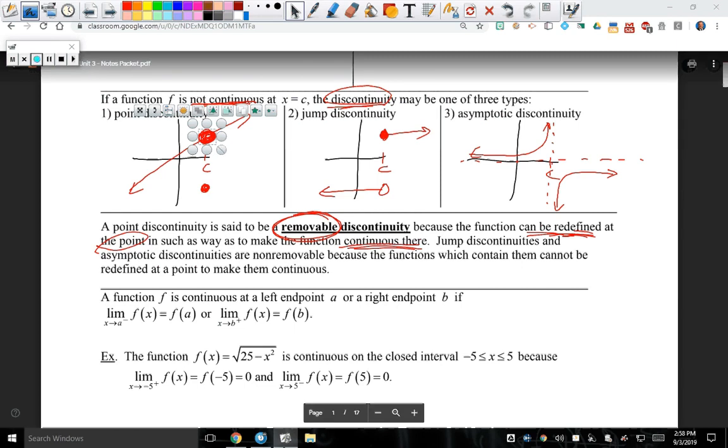But if I did that over here, it would not make it continuous still. And over here, despite wherever I move it, it won't make it continuous. That's why this is removable, and these two are non-removable.